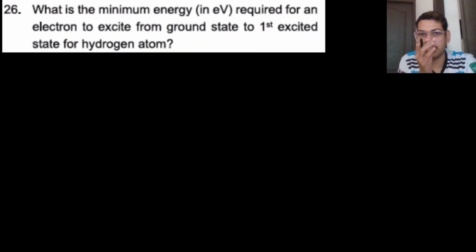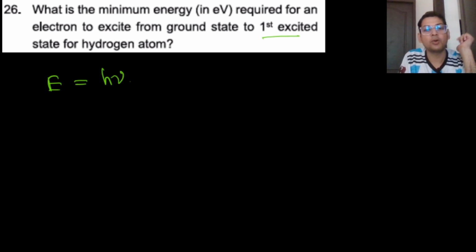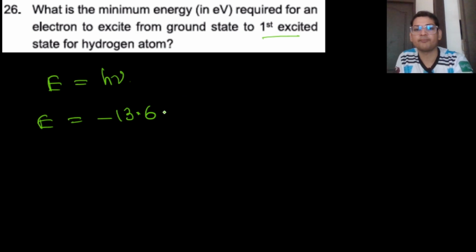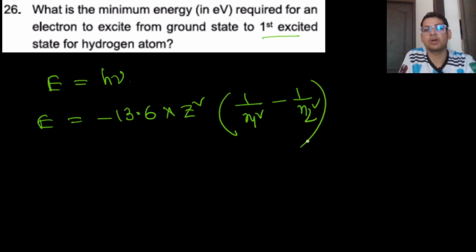What is the minimum energy required for an electron to excite from the ground state to the first excited state of a hydrogen atom? Very easy sir. We can do it very quickly: E equal to minus 13.6 into Z square into 1 by N1 square minus 1 by N2 square.